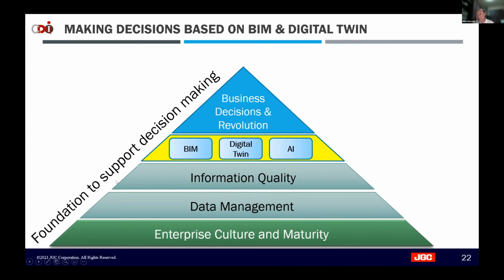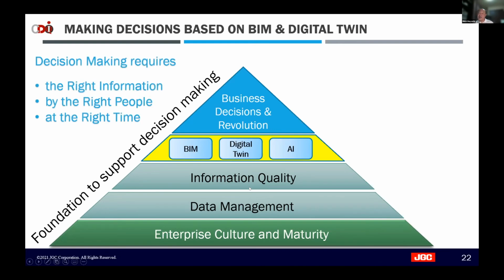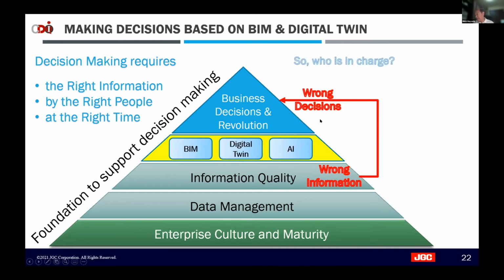So it's a foundation to support decision making. Decision making requires the right information for the right people. The right people need the right information at the right time. If we feed wrong information to top management, they make wrong decisions, which we wouldn't want.